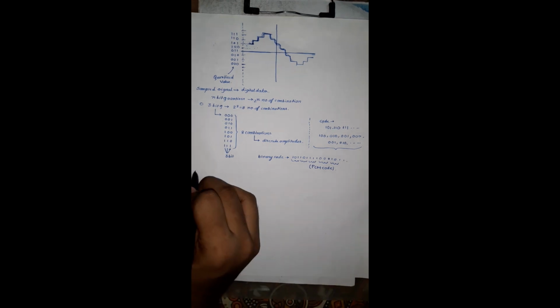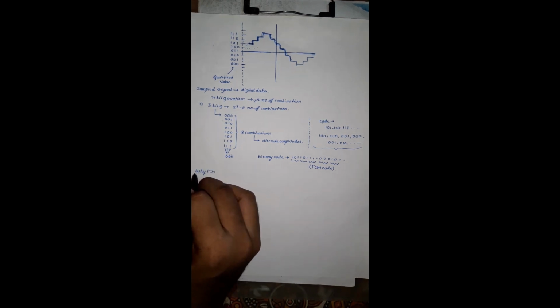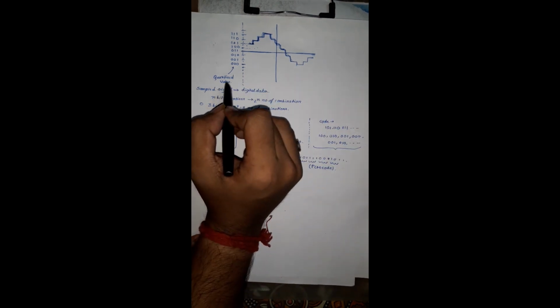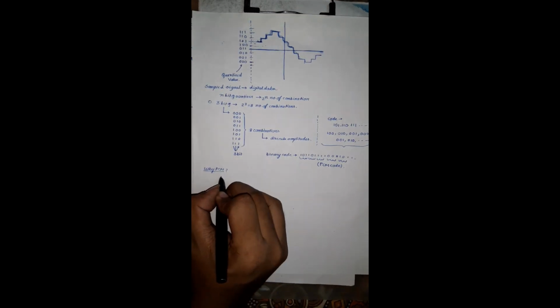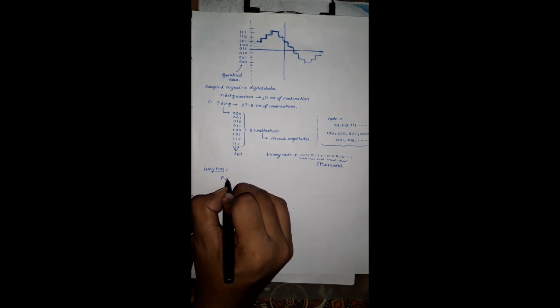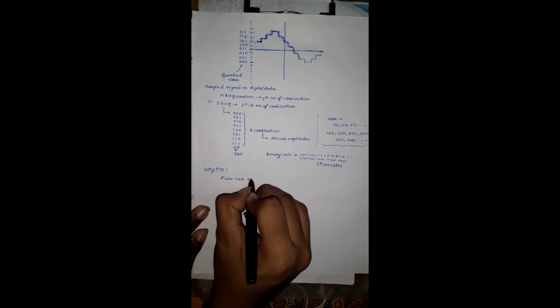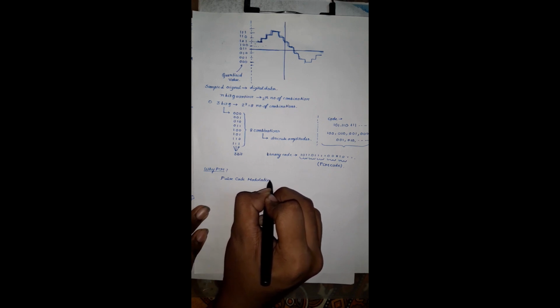Why PCM? The code that has been generated after the quantized value is nothing but the PCM code. Now the question arises, why PCM? If we write the word PCM elaborately, it is Pulse Code Modulation, right?